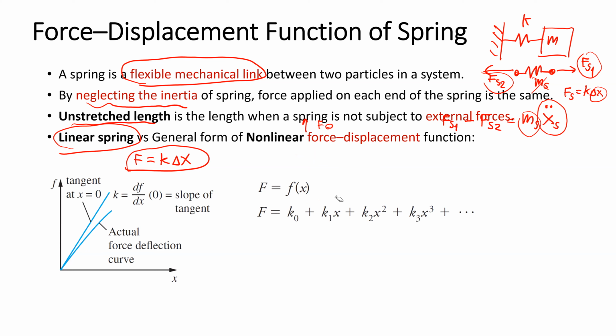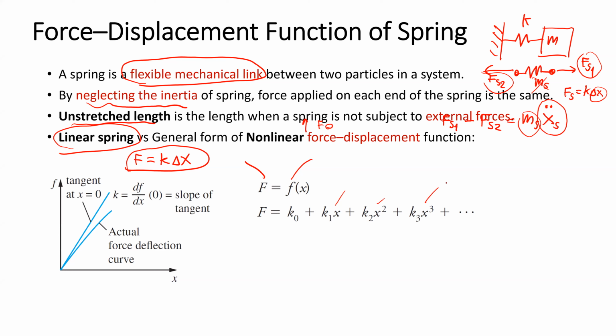Before we conduct the experiment, we only have the hypothesis that the force needs to be a function of the displacement or the deformation of the spring. The function can be the general form of a polynomial function, with terms K0, K1, K2, K3.